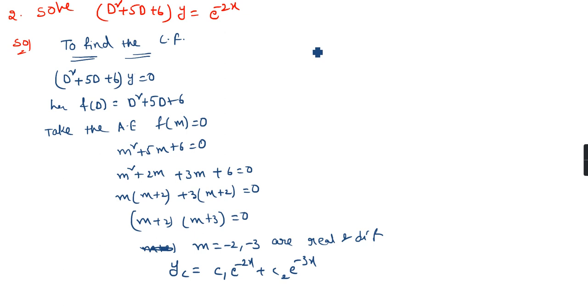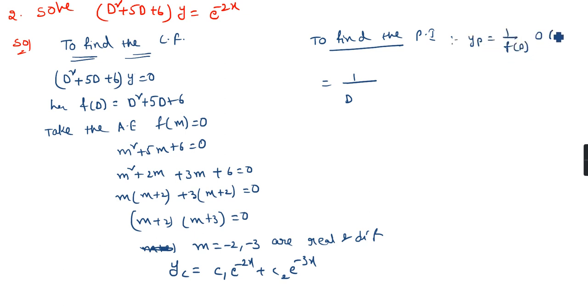Here itself I am writing to find the particular integral. For the particular integral, yp equals 1 by f of d into Q of x. What is f of d? D square plus 5d plus 6 into e power minus 2x.